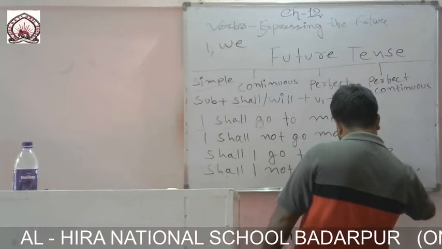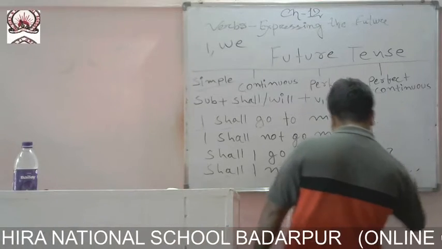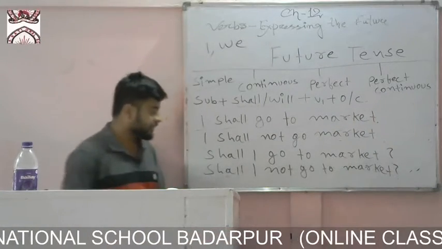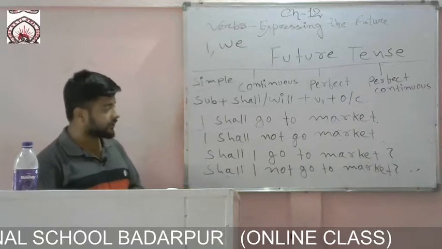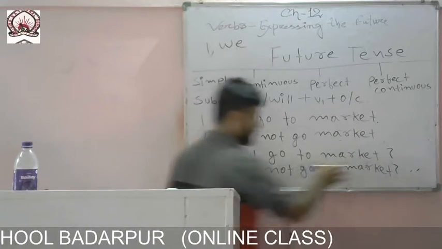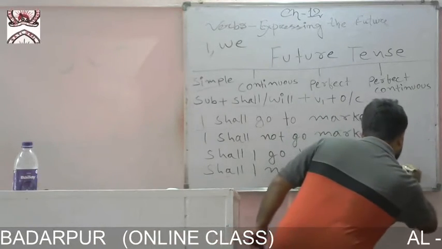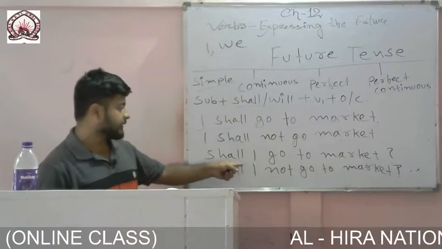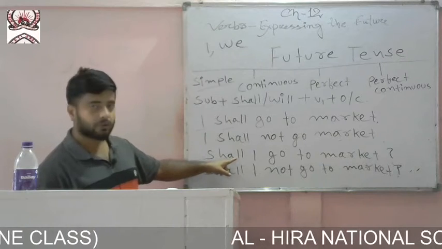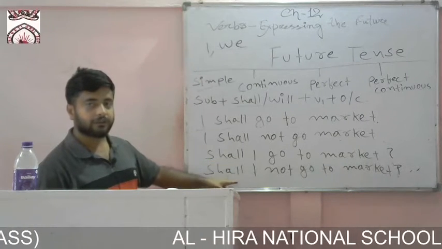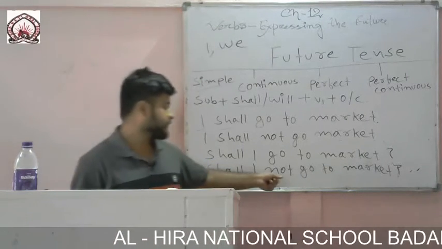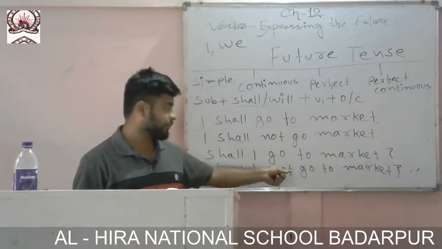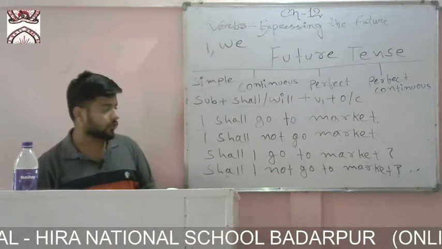Interrogative negative, that is interrogative, that is why question mark at the end. If you look at the difference between interrogative and interrogative negative, just I have put not before the main verb go. Shall I not go to market?